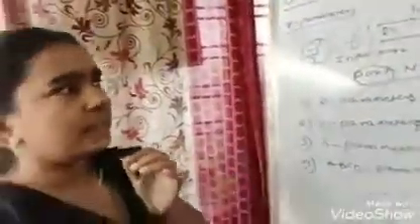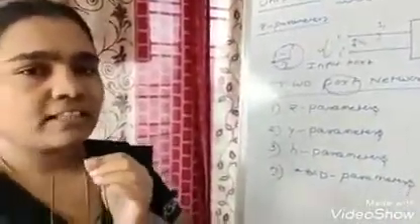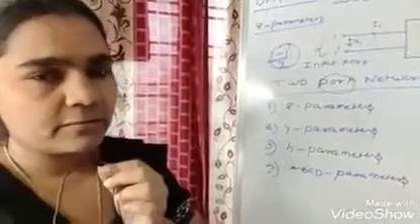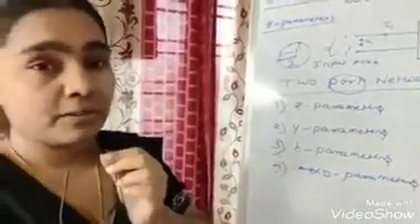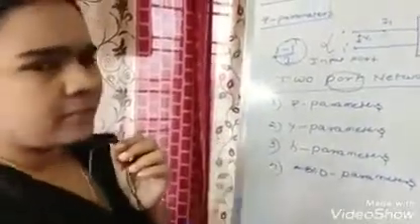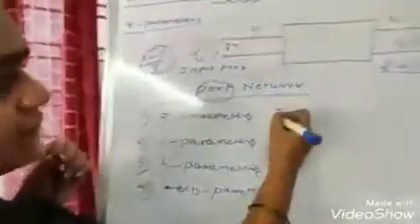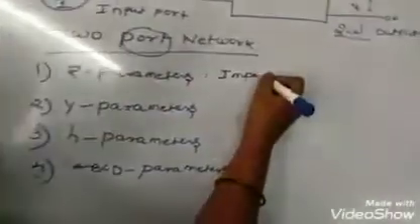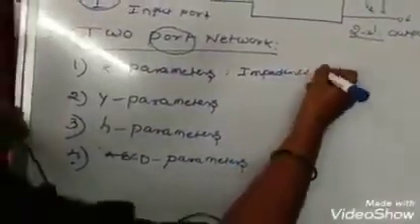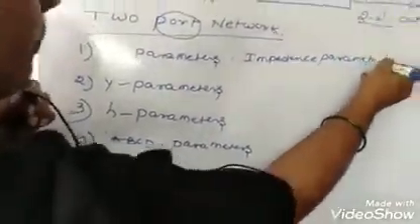Already we know that this unit, network elements, contains two parts. The first part is the theorems: Norton's theorem, Thevenin's theorem, maximum power transfer theorem, and reciprocity theorem. This is the second part of the first unit, all the parameters. The Z parameters are also called impedance parameters.